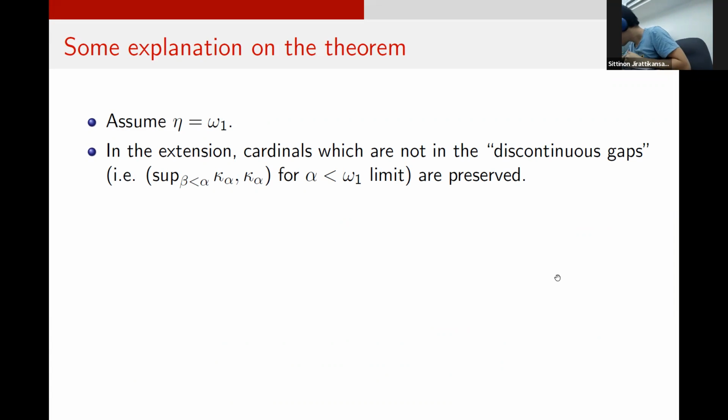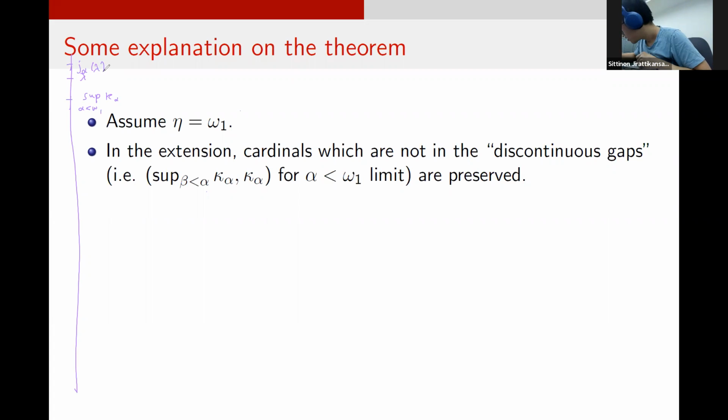What do I mean? Let me draw some line. On the top, you have the supremum of kappa alpha for alpha less than omega 1. You have lambda above, and then you have J alpha of lambda for alpha less than omega 1.